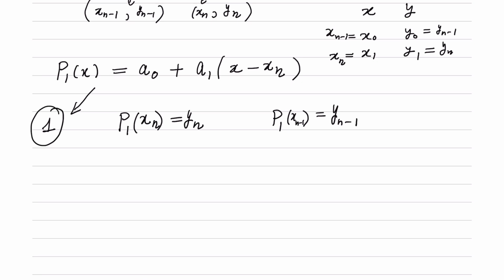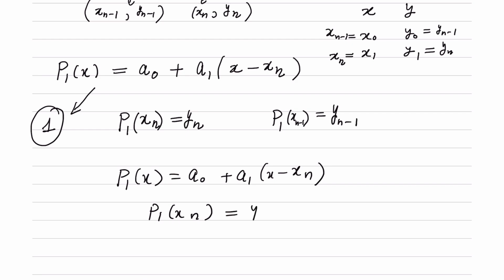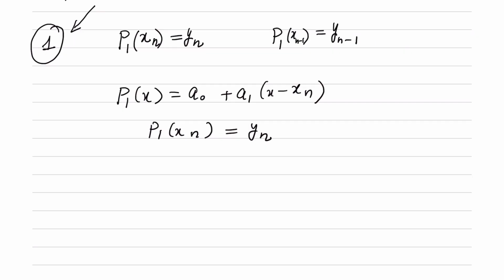To find the first unknown, a0, I will compare equation 1, p1 of x equal to a0 plus a1 times x minus xn, with the first condition, p1 of xn is equal to yn. Comparing left hand sides, p1 is the same as p1 and x is the same as xn. Put x equal to xn in the polynomial in equation 1.